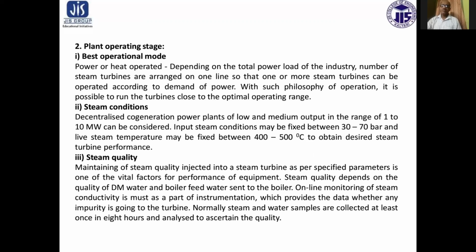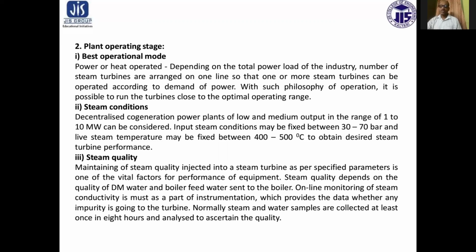A number of steam turbines are arranged on the line so that one or more steam turbines can be operated according to demand of power. With such philosophy of operation, it is possible to run the turbines close to the optimal operating range.